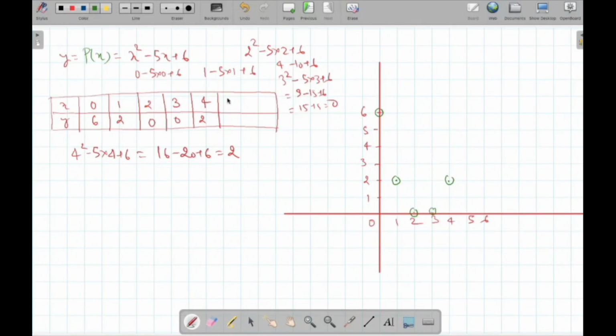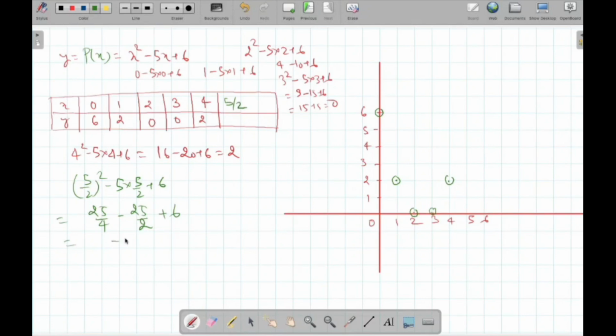which will be 5 by 2 here. Let's put 5 by 2 to see what happens. If I put 5 by 2, 5 by 2 whole square minus 5 into 5 by 2 plus 6, I'll get 25 by 4 minus 25 by 2 plus 6.